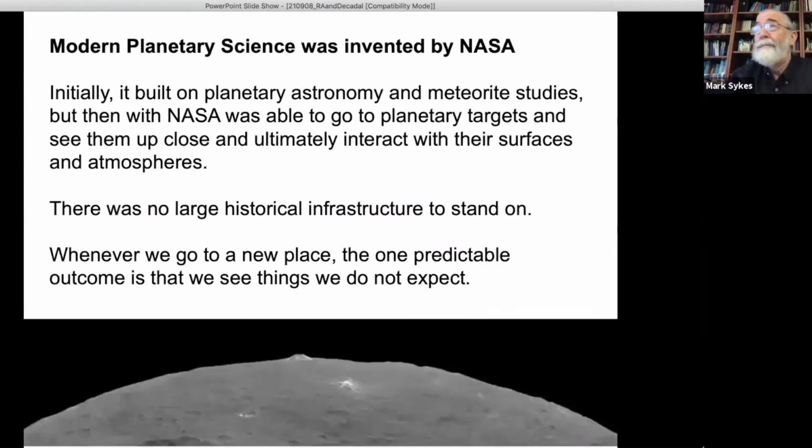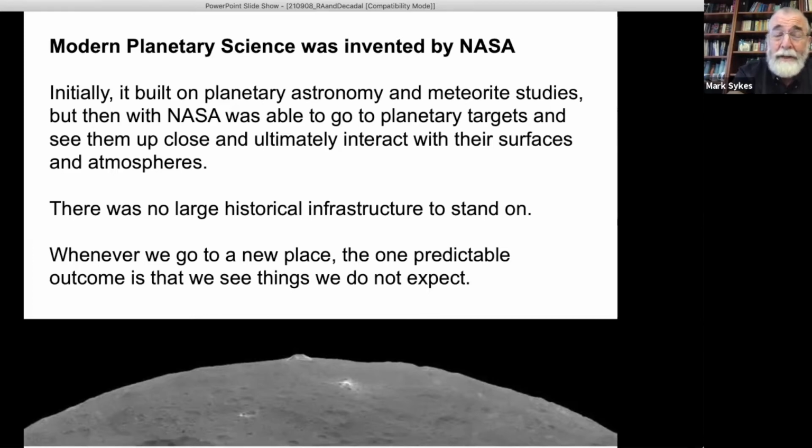And there's planetary. Modern planetary science was invented by NASA. Initially, we started out with planetary astronomy, telescope jockeys, and meteorite studies. But then NASA was able to go to planetary targets, see them up close, and interact with their surfaces and atmospheres. This was a whole new game, and there's no large historical infrastructure to stand on.